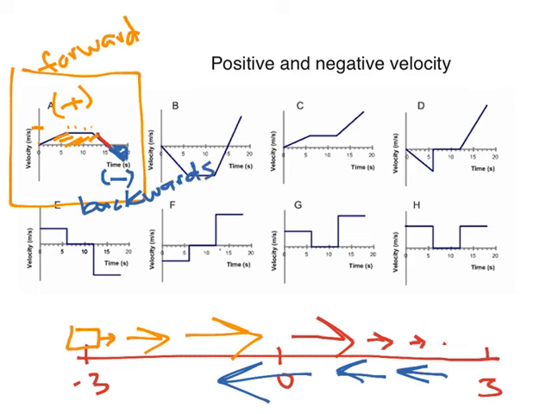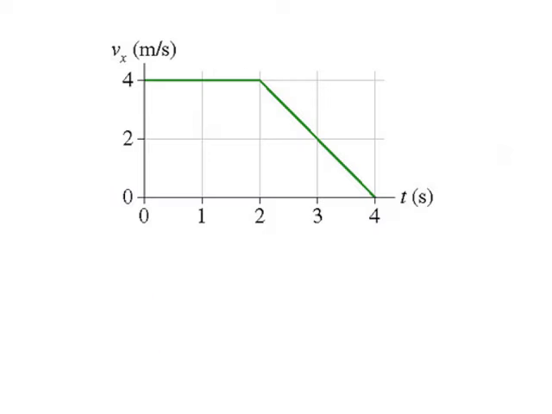So remember, anytime it's above the line, it's still going forwards. It's just not negative yet. It's still going forwards, but once it crosses over, then we have a backwards velocity.